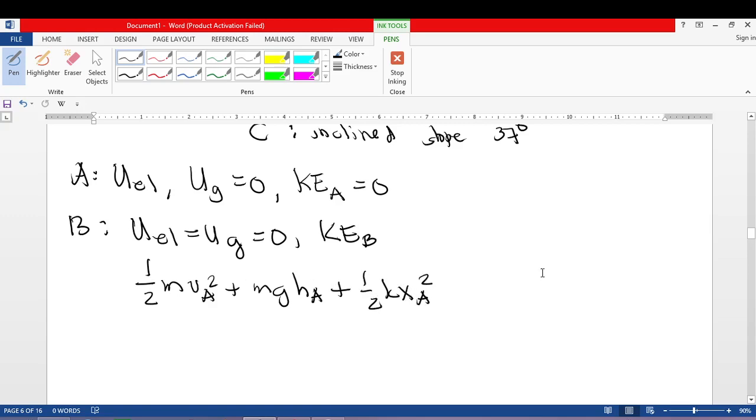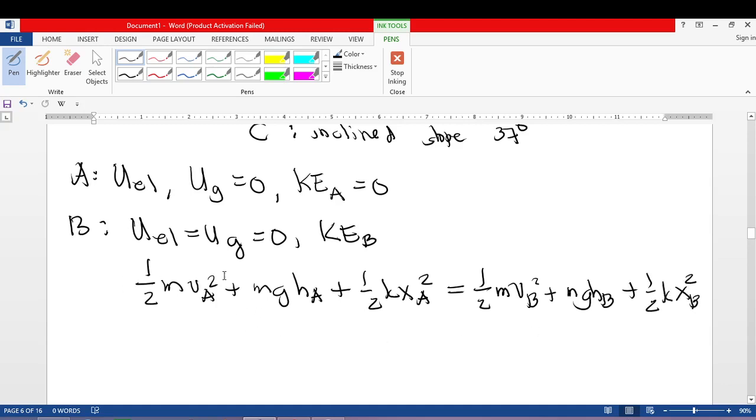So A meaning initial, equals 1/2 mv_B squared plus mgh_B plus 1/2 kx_B squared.